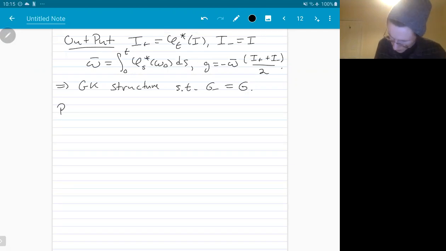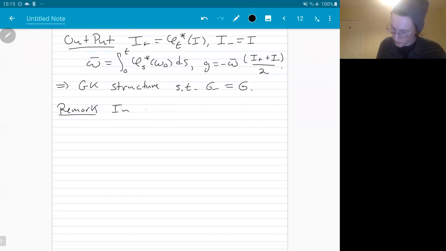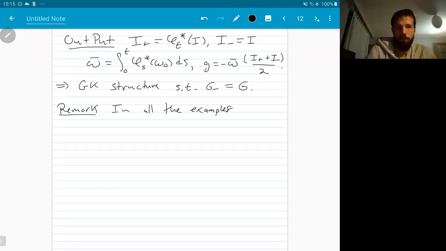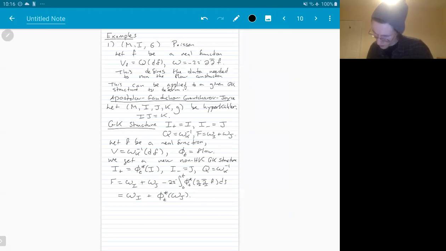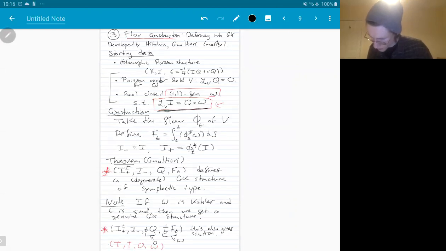And I just want to make a remark here, which is that in all the examples, the way that we've done the deformation, we've deformed the complex structure with a diffeomorphism.